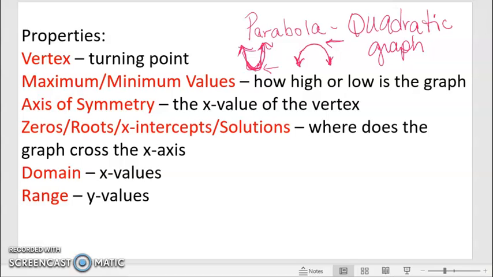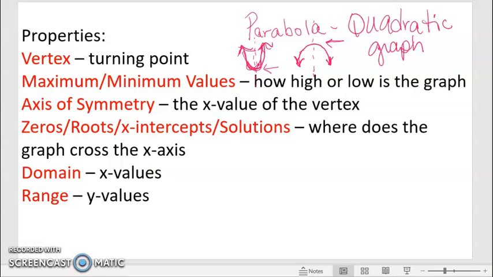And that would be determined by the y. How low did the graph go or how high did the graph go? Then we have the axis of symmetry. The axis of symmetry is an invisible line that goes right through the middle of the parabola, so that if it was folded over that line, it will be symmetrical. Okay? It is the x value of the vertex.